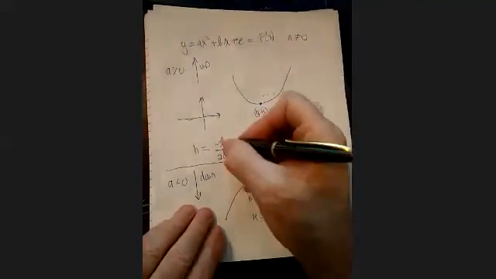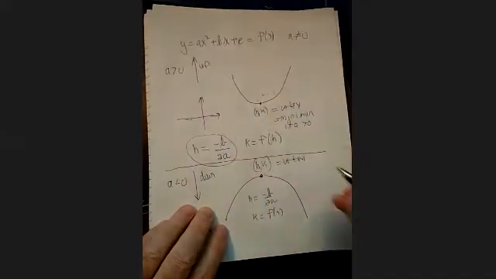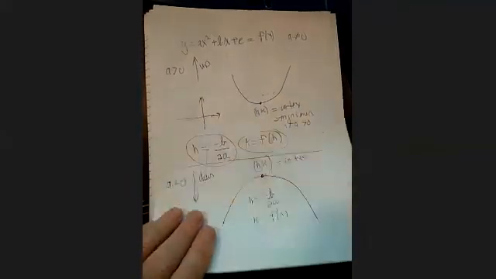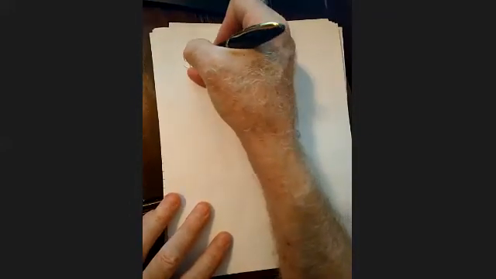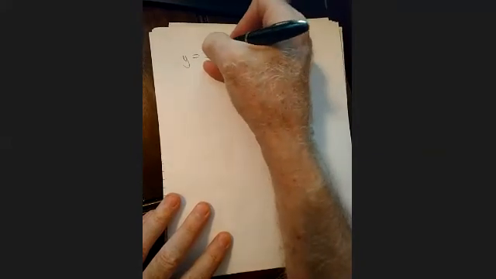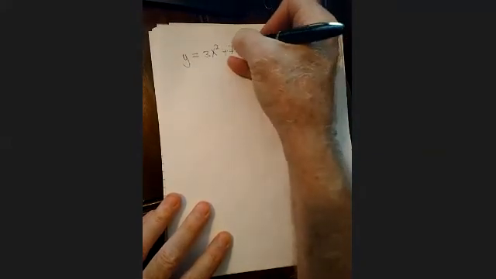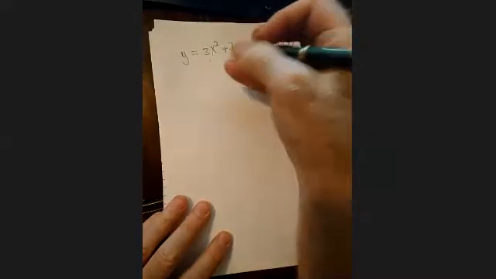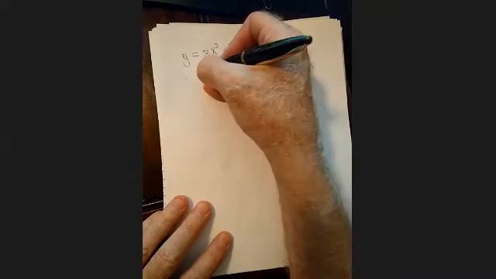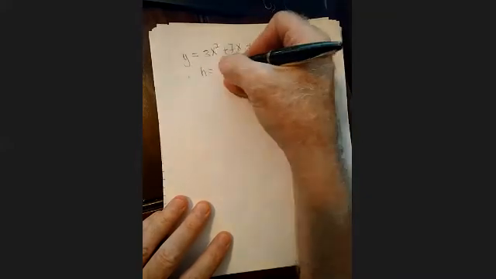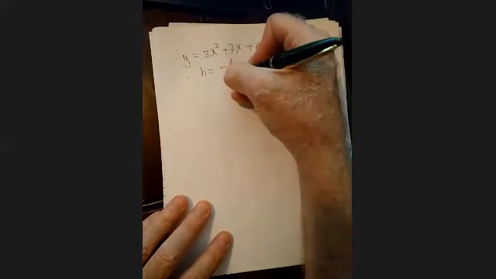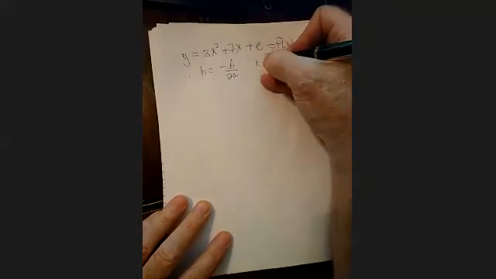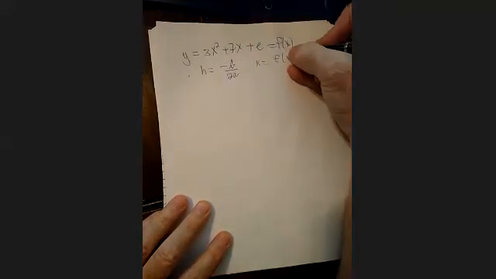Okay, now I want to talk a little bit about this with an example and how to find this. So this will be the last part of this particular video. I need an example, and I'm going to use y equals 3x squared plus 7x plus 11, that's my f of x, reminding you that my h is minus b over 2a, and k is f of h.